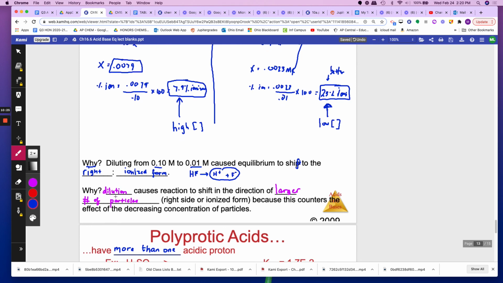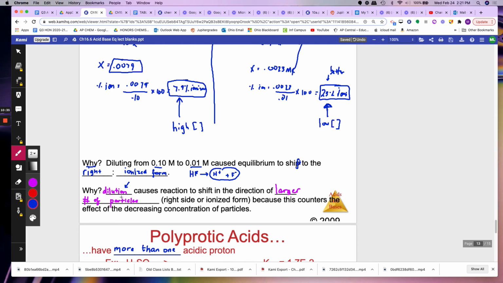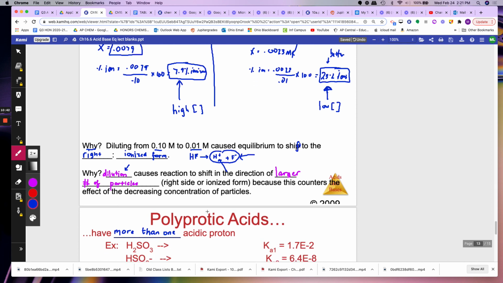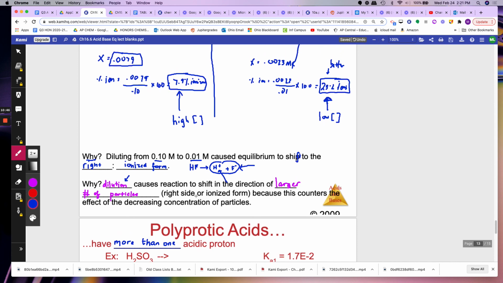Dilution, which is another word for watering it down, causes the reaction to shift in the direction of a larger number of particles. So if you add more water, you're going to get more particles of the ions breaking apart, because this counters the effect of decreasing concentration of the particles. Since you have less in the beginning, it wants to make more.